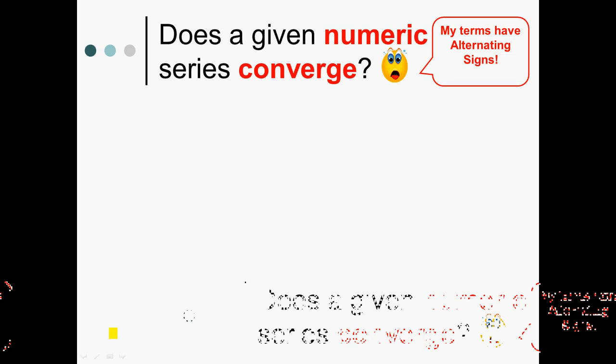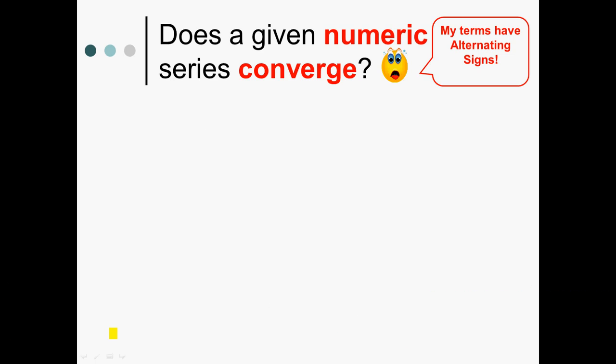What about when your terms have alternating signs? If your signs alternate, so if you have some (-1) to the n+1 or whatever it is, this time it's just n+1 because I started at 1.